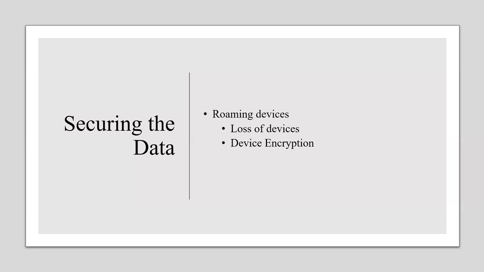I also have a scenario back in my previous company. I was using a personal device, of course, but it was encrypted by the company. We have to install a certain software, and then it's encrypted. One time I lost that device, and what happened next was that I had to report it.